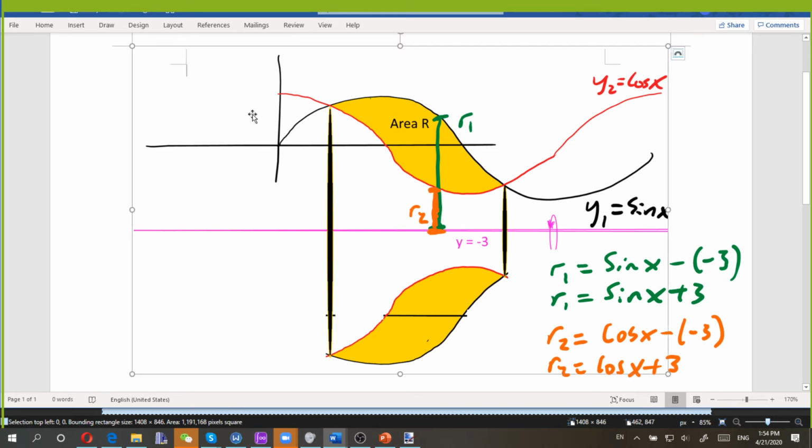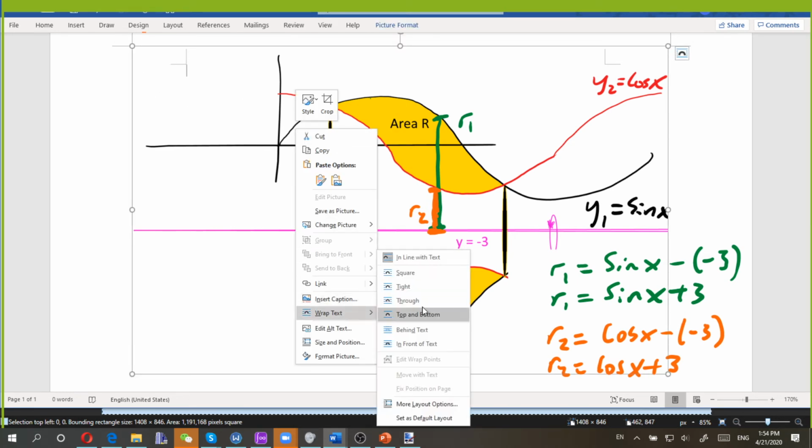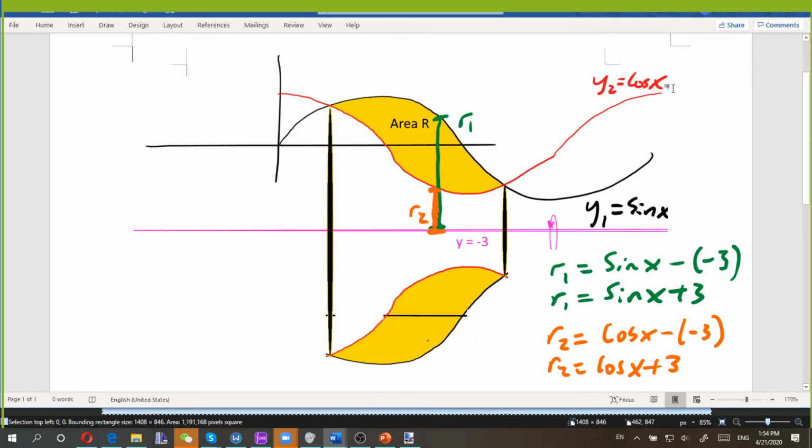So let's say, to wrap this behind text, I think, for this to work.